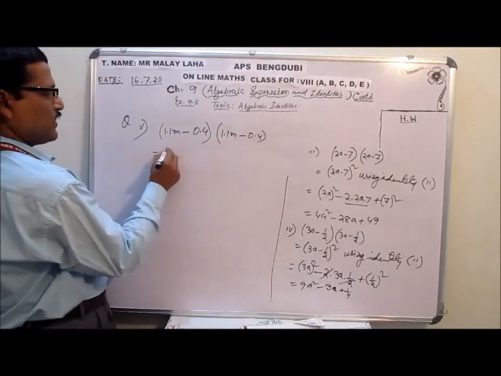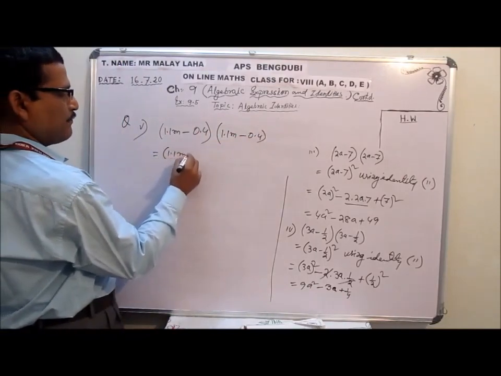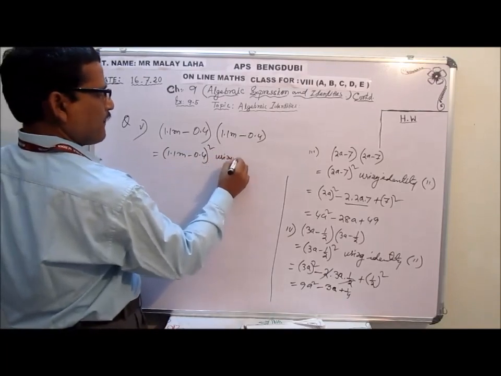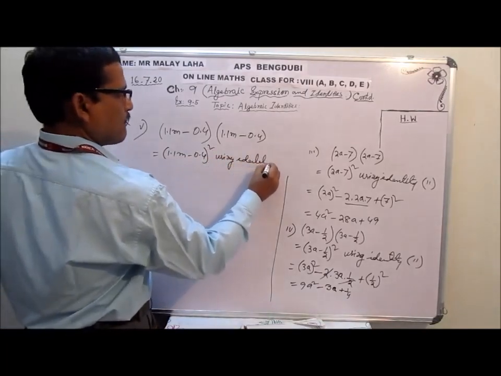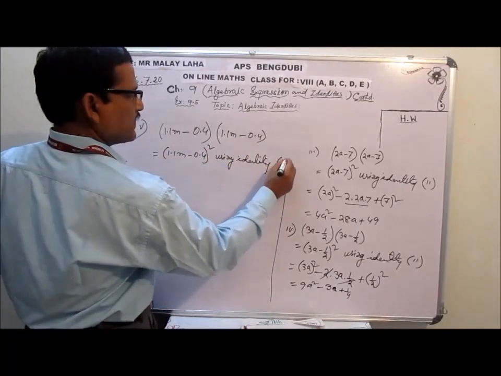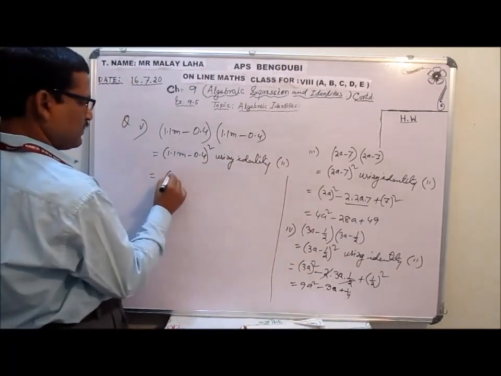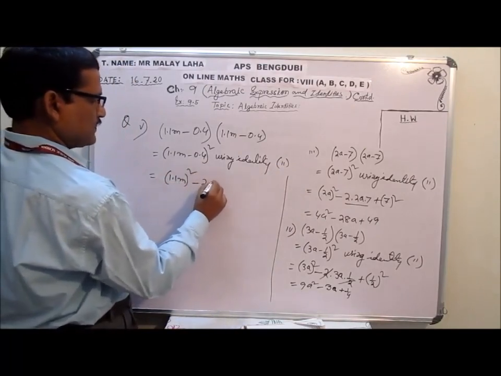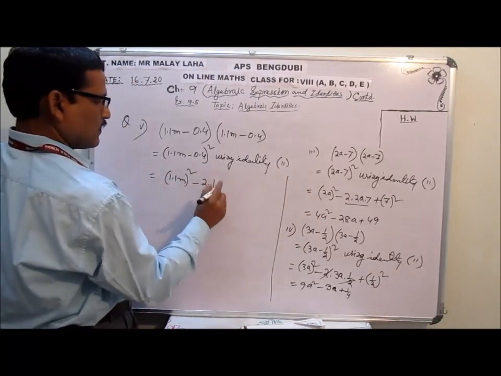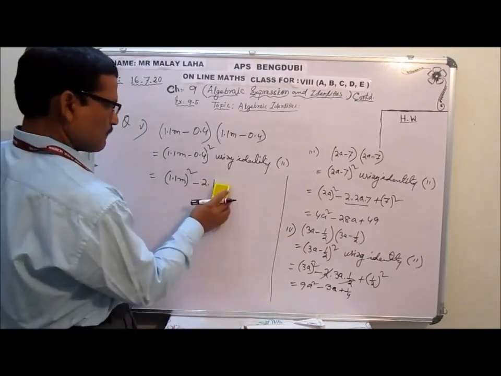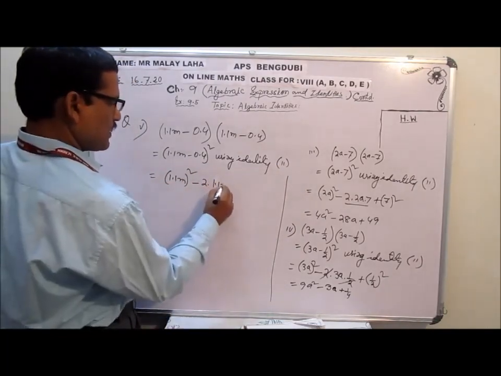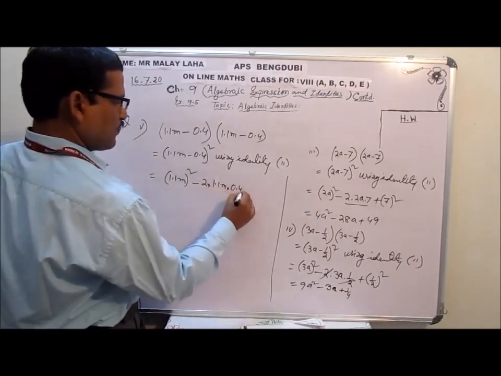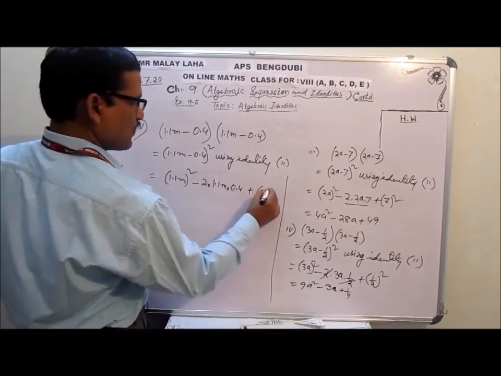So same, we can write (1.1m minus 0.4) whole square, using identity second. So a square means (1.1m) whole square, minus twice 1.1m into 0.4, plus (0.4) whole square.